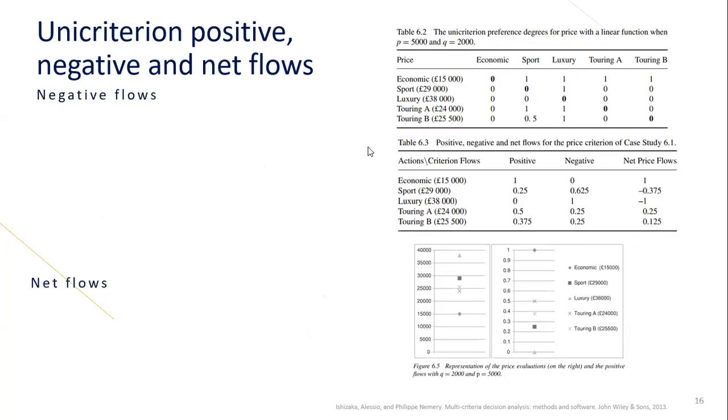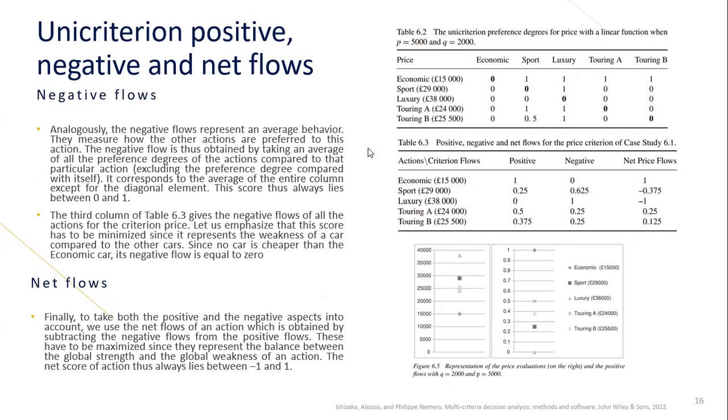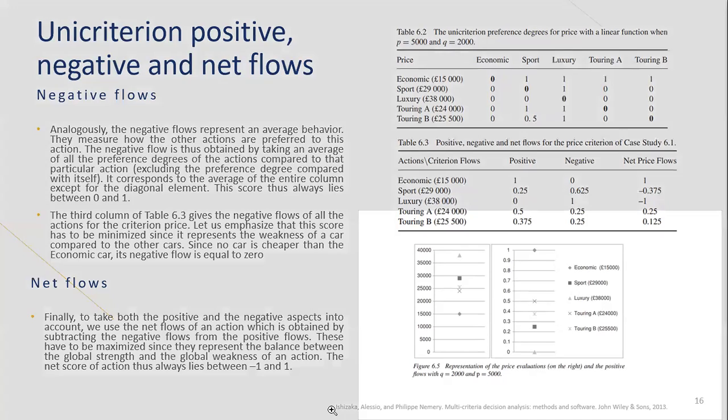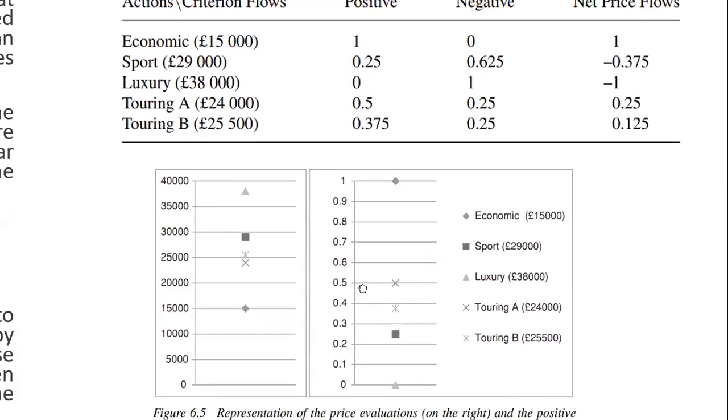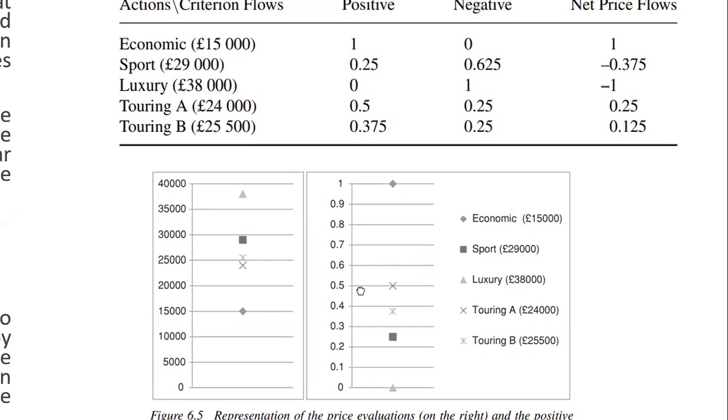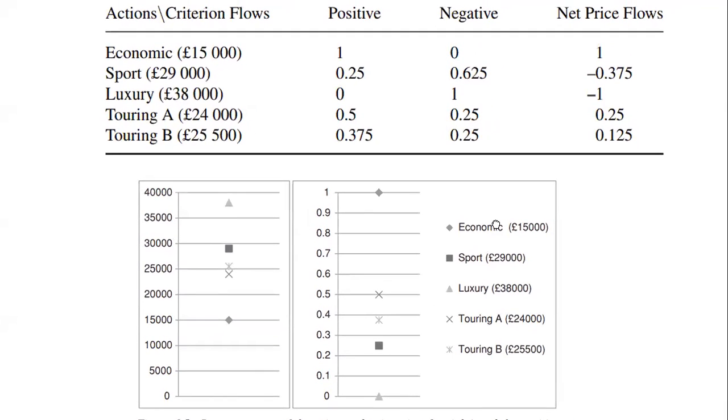And next, maybe here is the explanation of the positive, negative and net flow. And then after that, you can rank. You can rank this one based on their net price flow. You can see that in terms of price, the comparison is here, right?